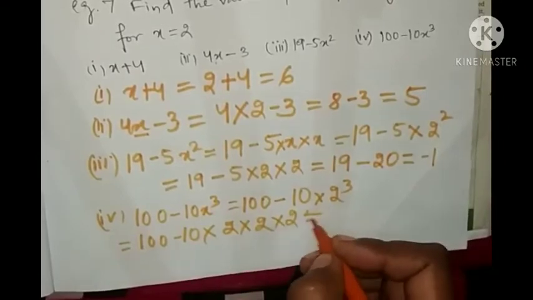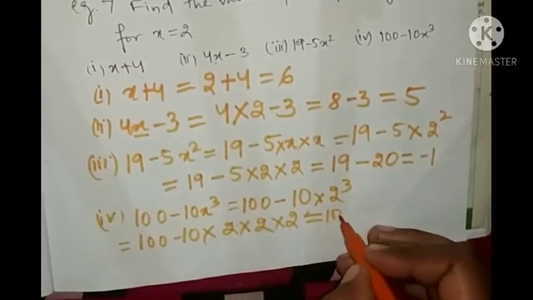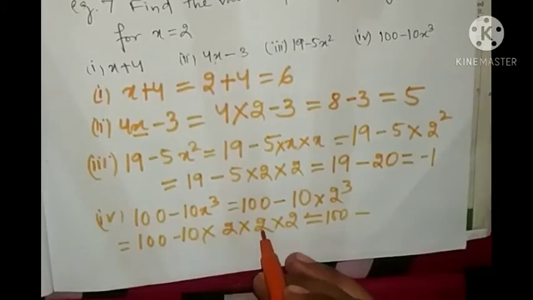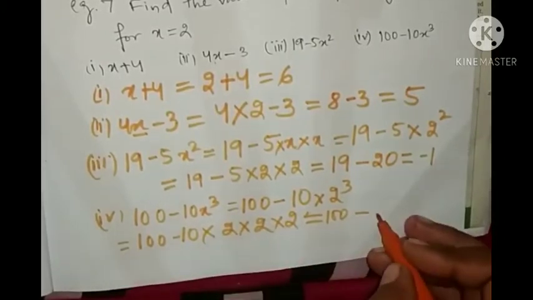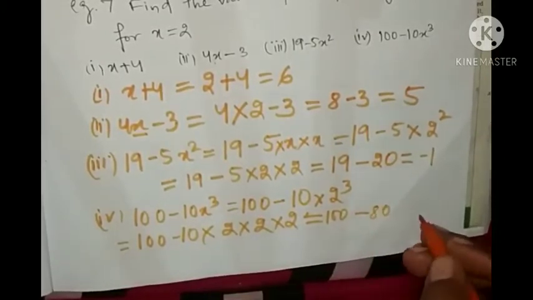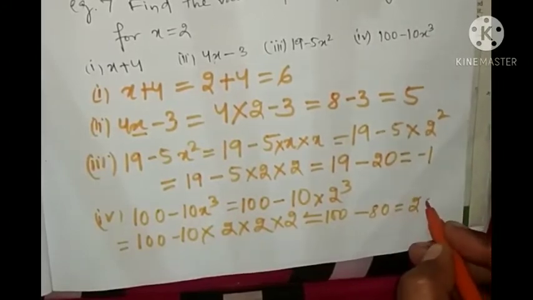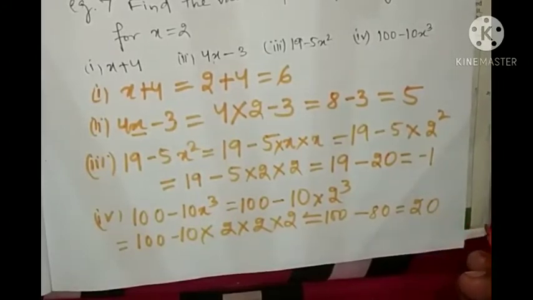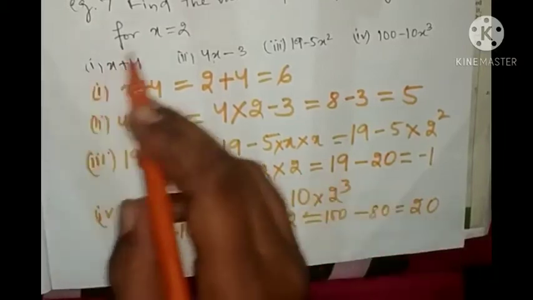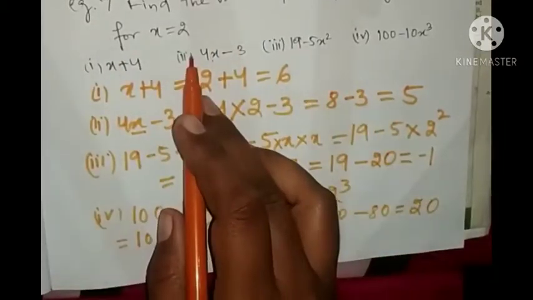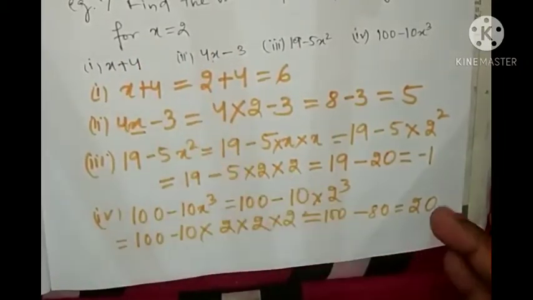Okay. So write down 100 minus 10 into 8, 10 eights are 80. Okay, equal to how much? 20. So this is about how we find out the value of the expression for x equal to 2.